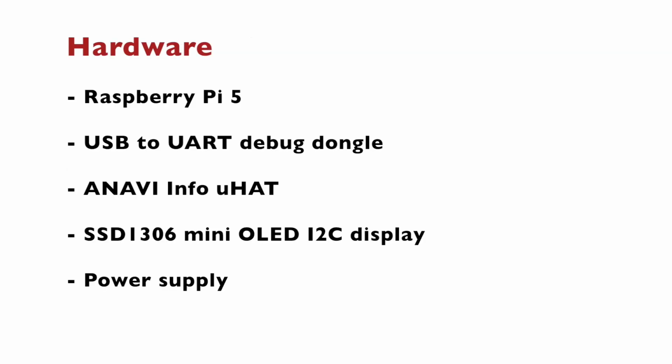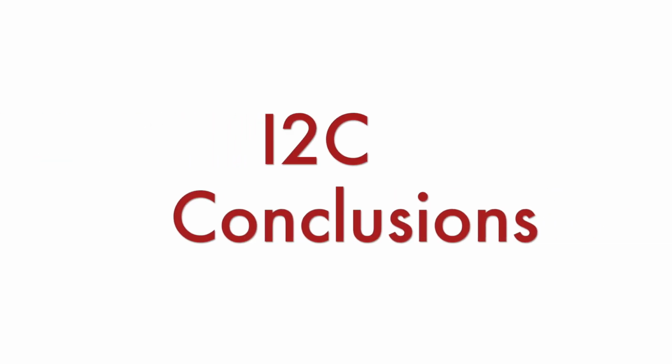For the demonstrations in this video, I used Raspberry Pi 5, USB to UART debug dongle, the open source hardware add-on board that I have designed, ANAVI Info uHAT, an SSD1306 mini OLED I2C display, and appropriate power supply. The command line application that I used to interact with the mini OLED display through the Linux user space is written in C. The source code is available in GitHub.